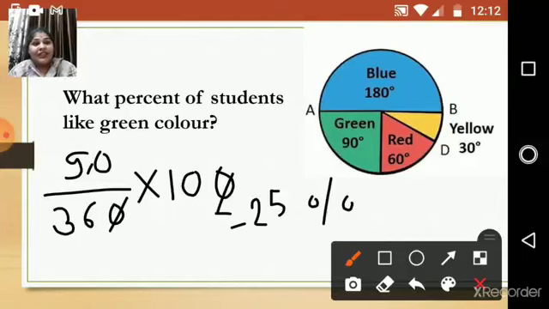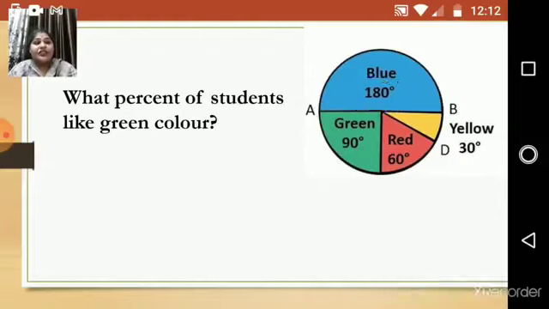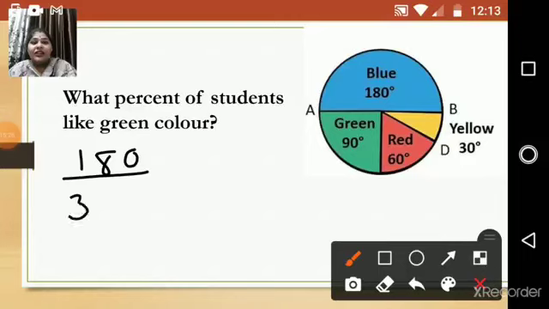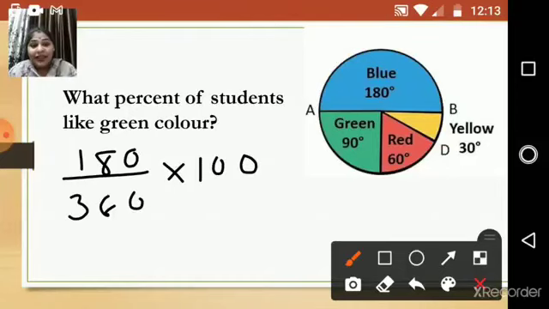This is the part that is given. If you want to find a percentage, suppose the question is, what percent of students like blue color? You take 180 for blue out of 360. The total angle is 360 and we want the percentage, so multiply by 100.